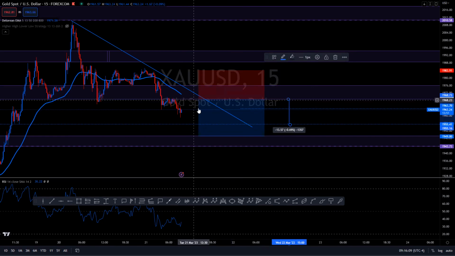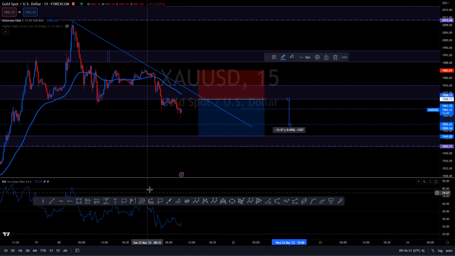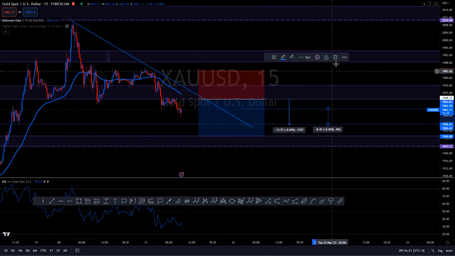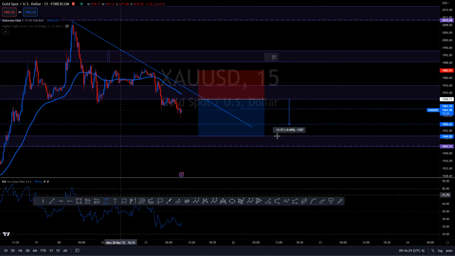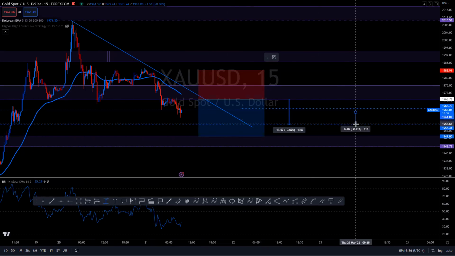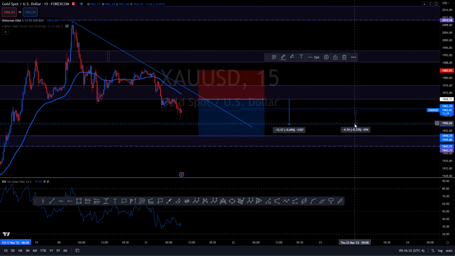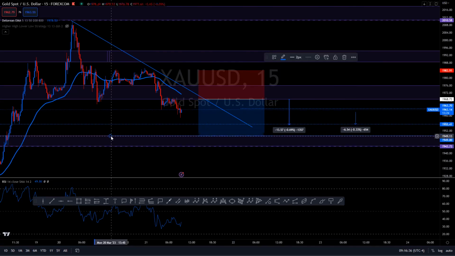If price comes up, tests this area and comes back, or if it goes from this candle all the way down to this area, then I would be looking to get this much in gold. And ultimately, it obviously could be here if it goes all the way down.